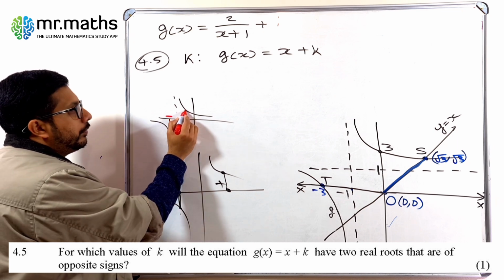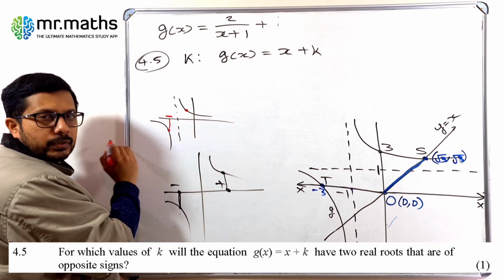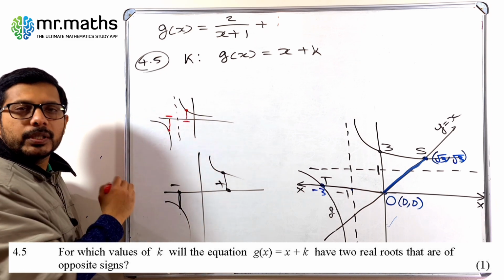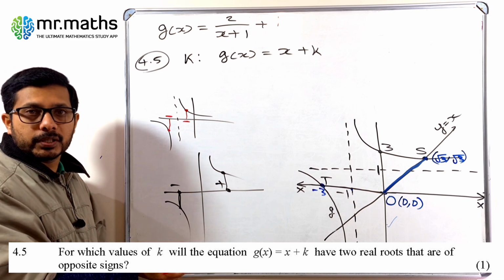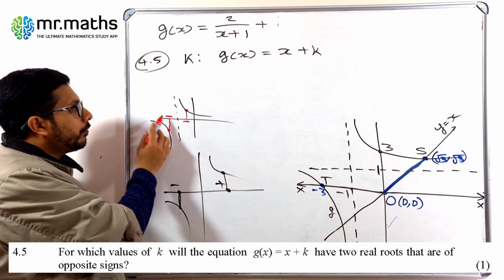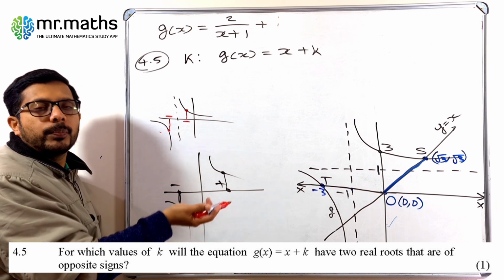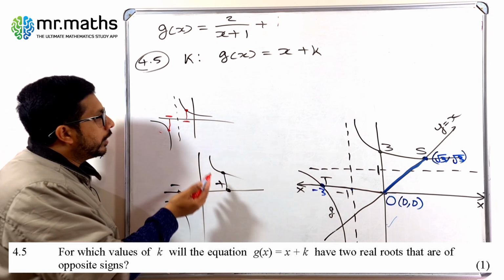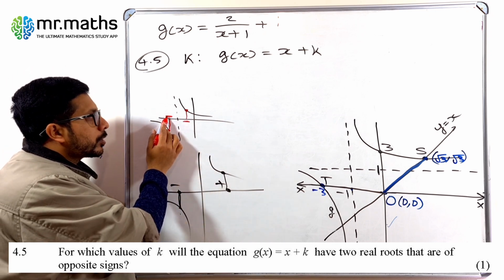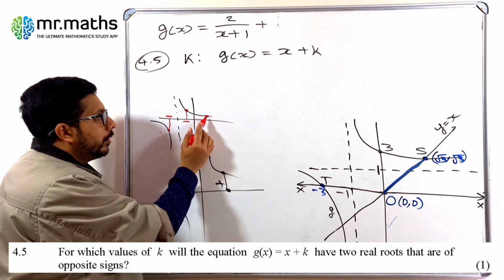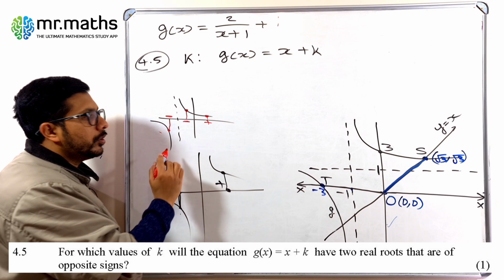And if I take a point here on the graph, what is the root? That one is also negative. That means it's the same root. Do you understand? So we don't want like this, not the same root. They are saying two opposite roots. So if you want to get two opposite roots, one root must be negative and the other root must be here. If I take a point here, you can see that this is a positive root.